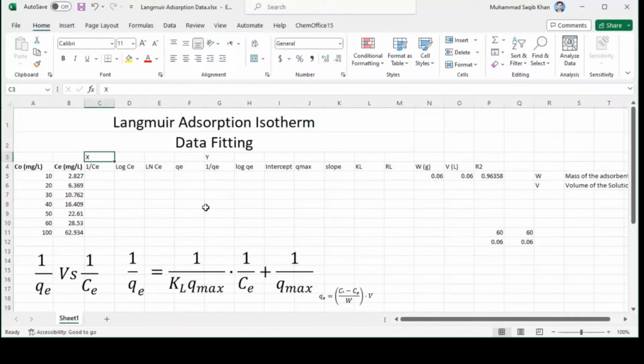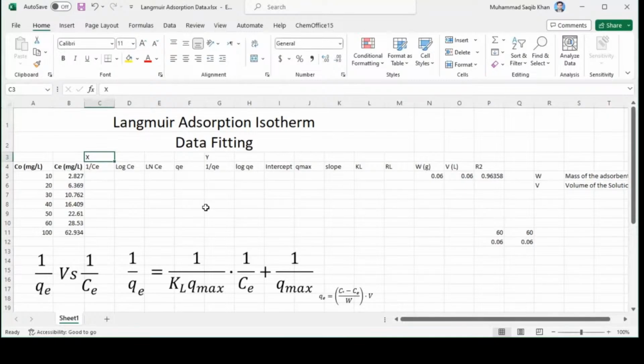So 1 divided by intercept will give you the Qmax value. The maximum adsorption capacity over here is 47 milligram per gram.